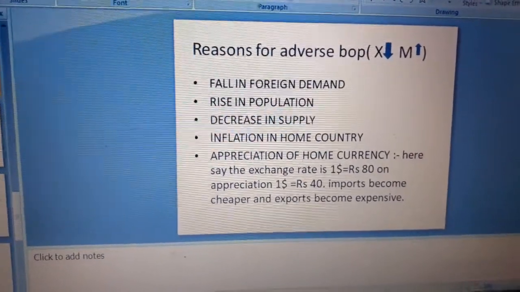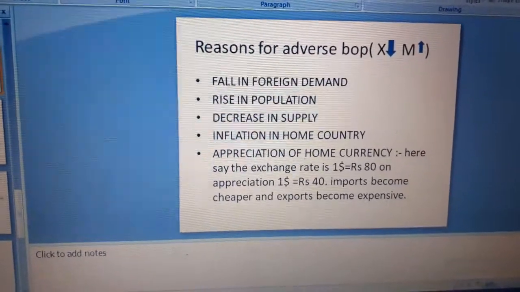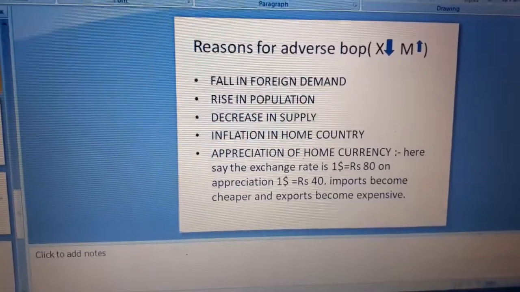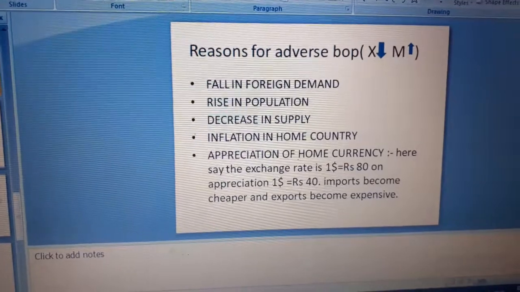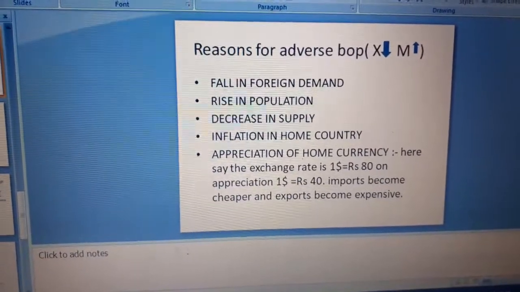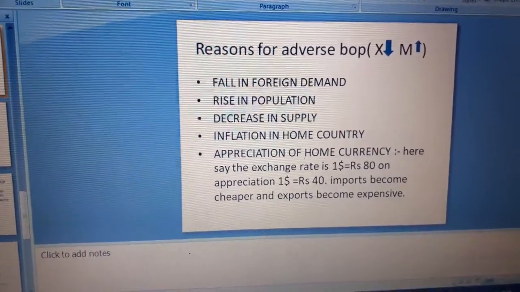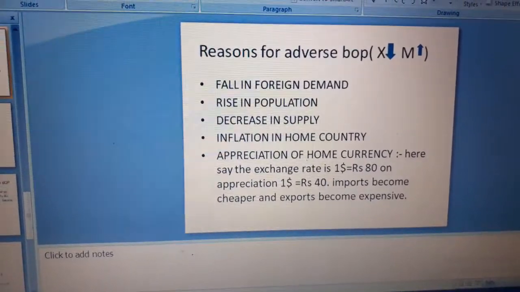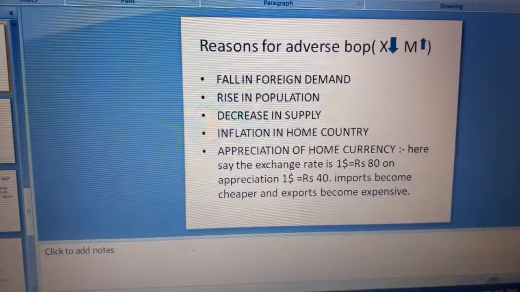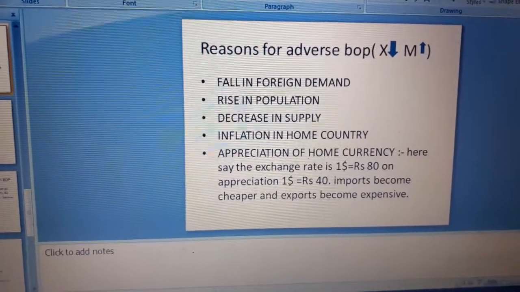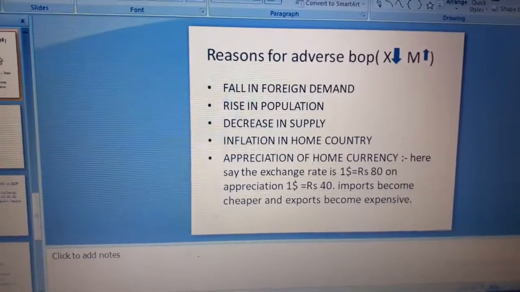So imports will become cheaper and exports will become expensive. Okay, so what is appreciation? It is a rise in the value of the home currency in terms of foreign currency. For example, $1 is equal to rupees 80, now becomes $1 is equal to rupees 40. So the value of the rupee has gone up. So imports will become cheaper and exports will become expensive. How expensive?